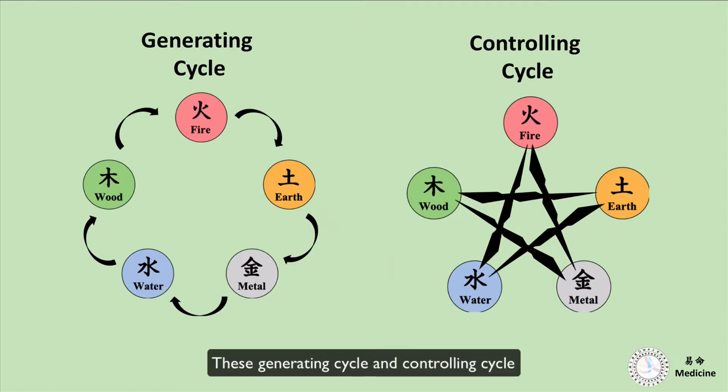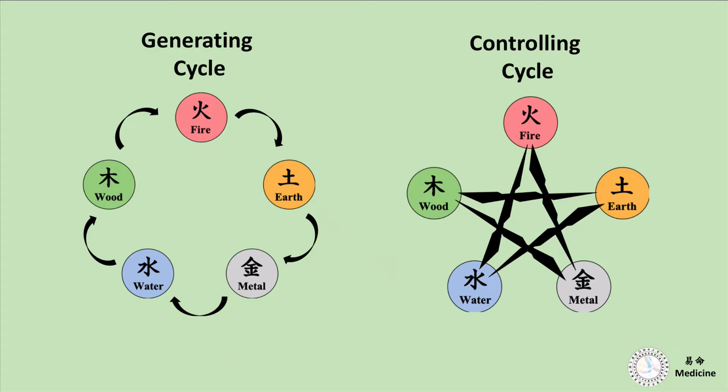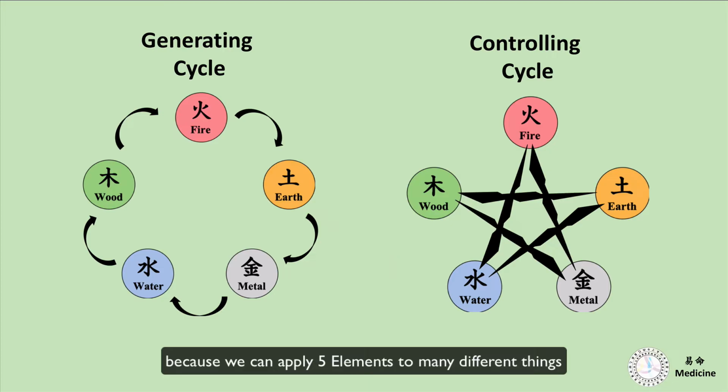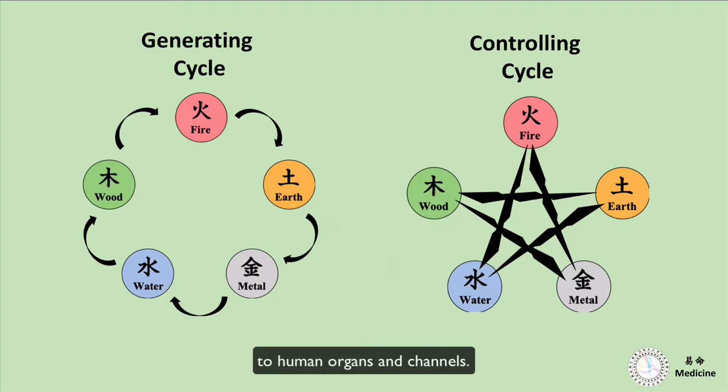These generating cycle and controlling cycle are very basic principles of 5 elements, but they could be really complicated. Because we can apply 5 elements to many different things, such as personality, behavior, or relationships. And in medicine, we can apply 5 elements to human organs and channels.